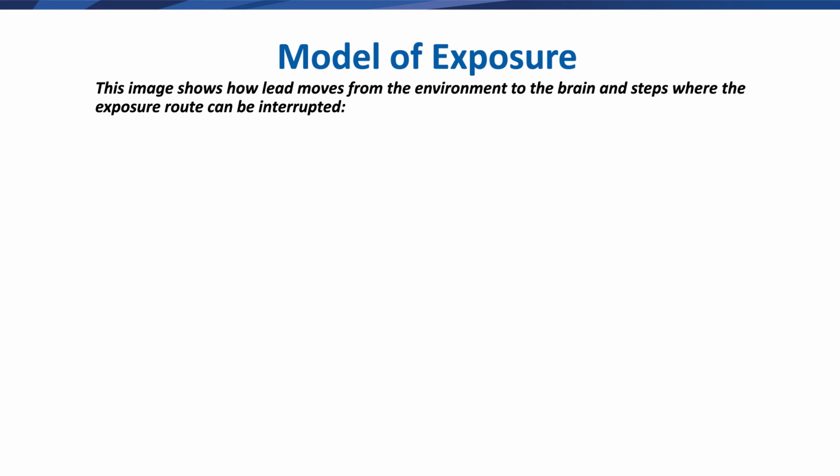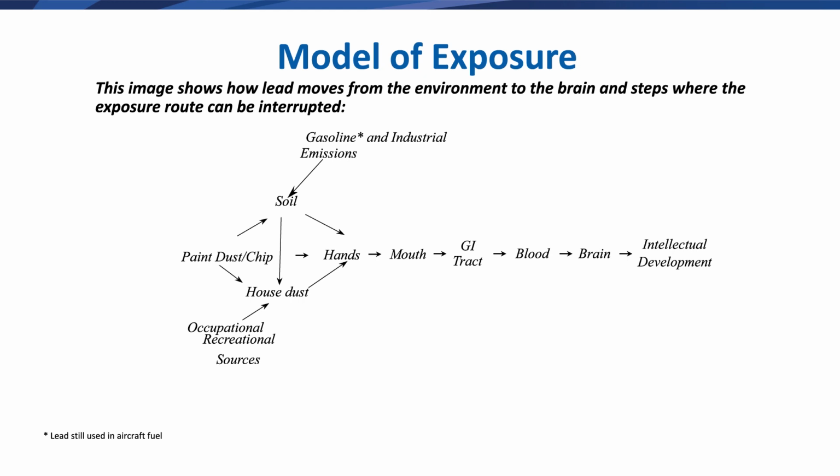This image shows how lead moves from the environment to the brain and how to interrupt this exposure route. Paint, dust chips, lead in soil, and lead from other recreational sources are deposited in soil and house dust. It gets on children's hands, and hands go in mouths. Most children's blood lead levels peak at around age 2, which is associated with the height of hand-to-mouth behavior.